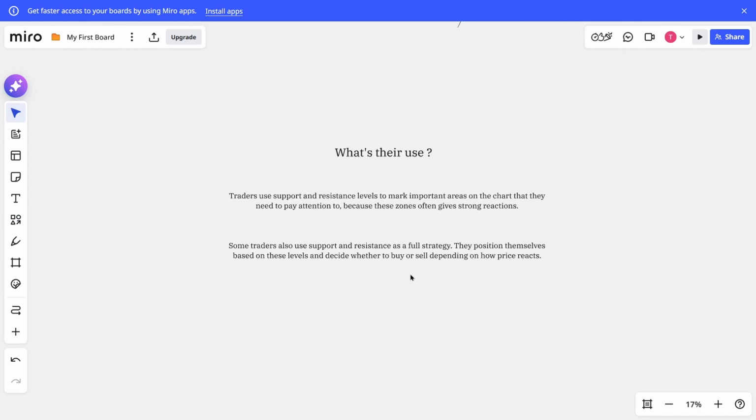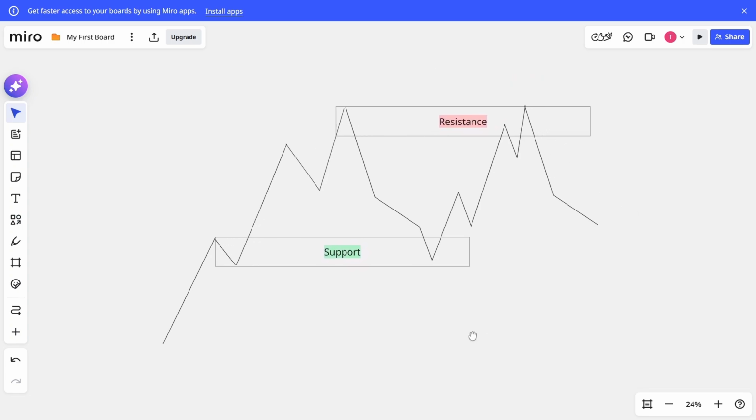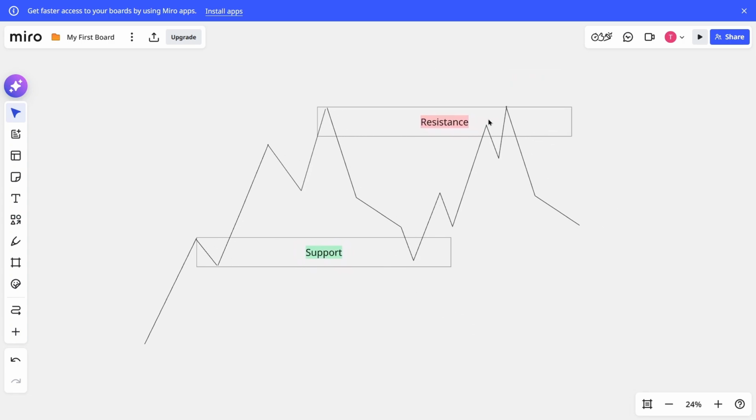Some traders also use support and resistance as a full strategy. They position themselves based on these levels and decide whether to buy or sell depending on how price reacts. So basically, there is a type of trader that has support and resistance as their main strategy. What they do is mark out a level where the market reacted from the first time, maybe reacted from the second time as well, so they can confirm that the level is valid.